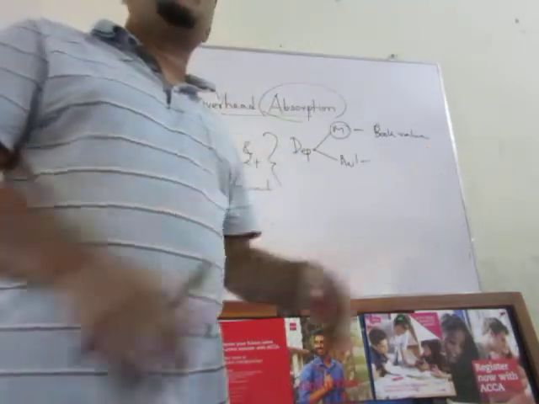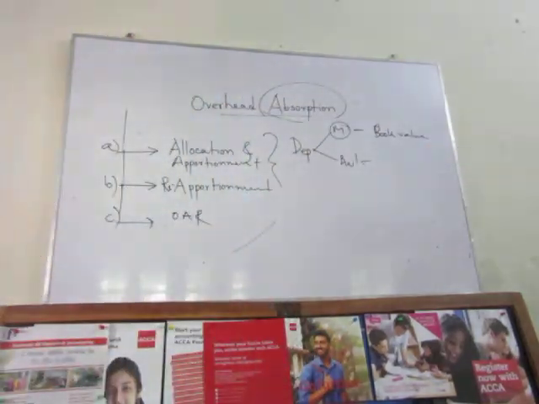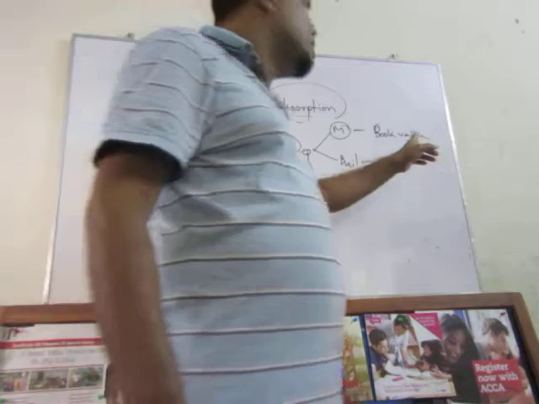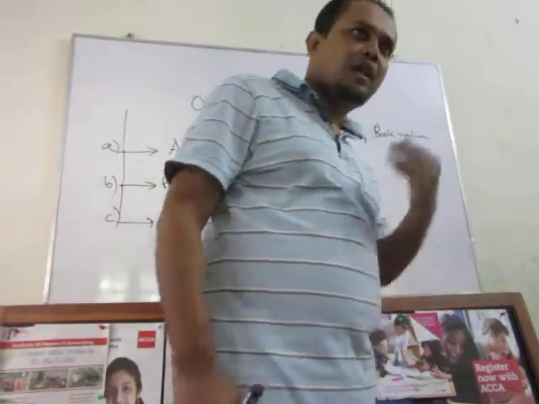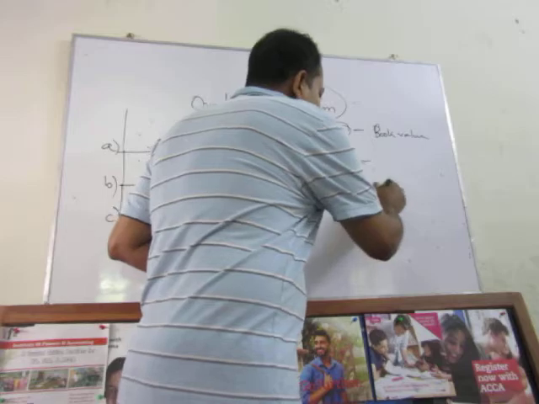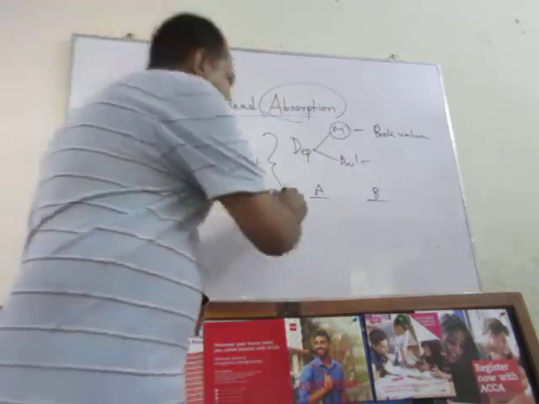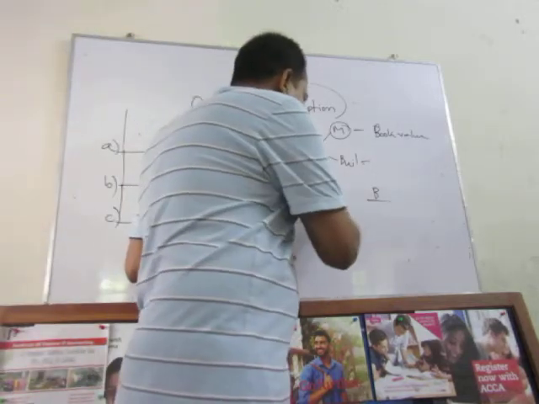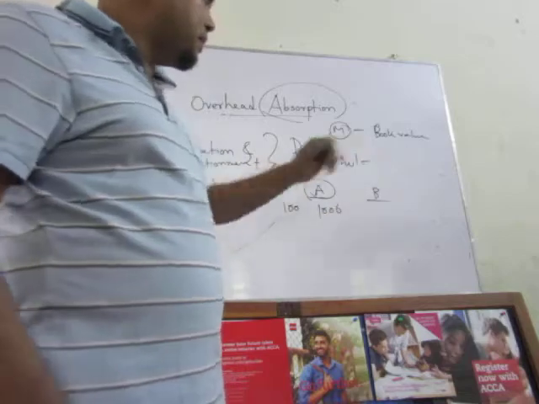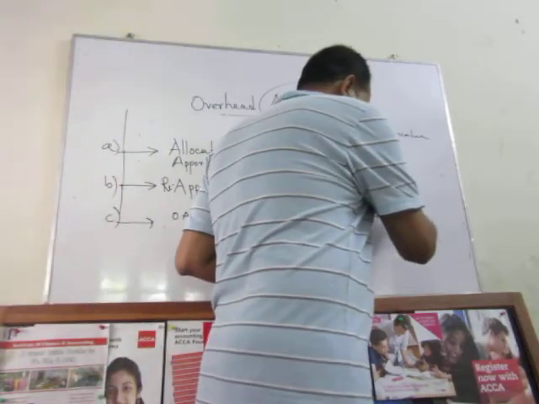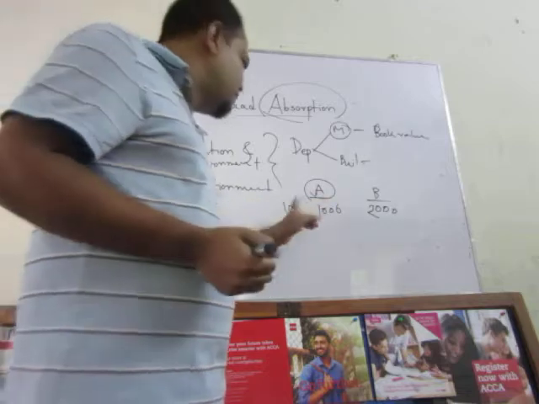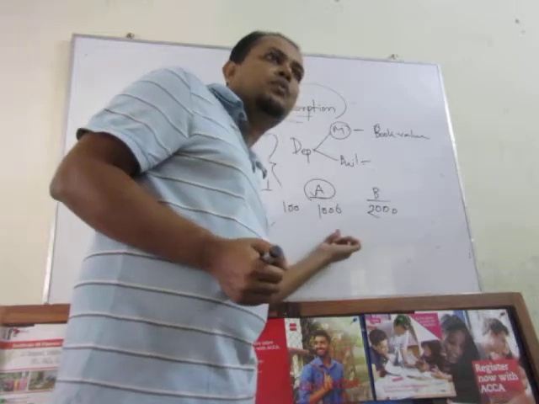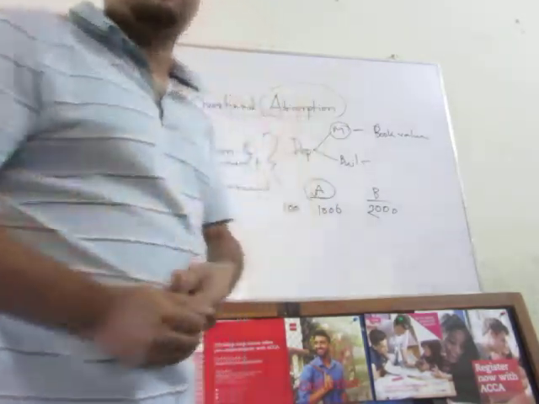Suppose you have different machines in different departments. The total depreciation for machines will be distributed depending upon the book value of each individual machine. As for example, we have departments A and B, and $100 to be allocated. Department A has a machine whose book value is 1,000 and department B's machine has a book value of 2,000. So we will distribute this $100 between A and B in a 1:2 proportion, depending upon the book value. It's a kind of example.